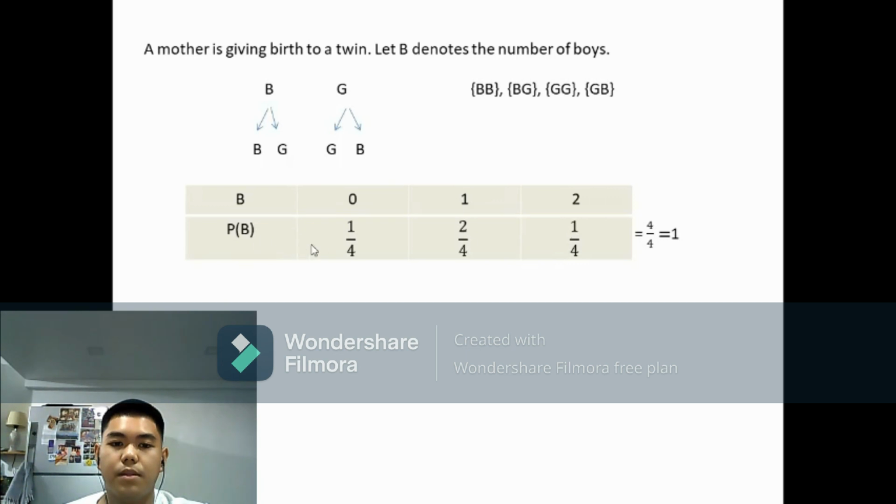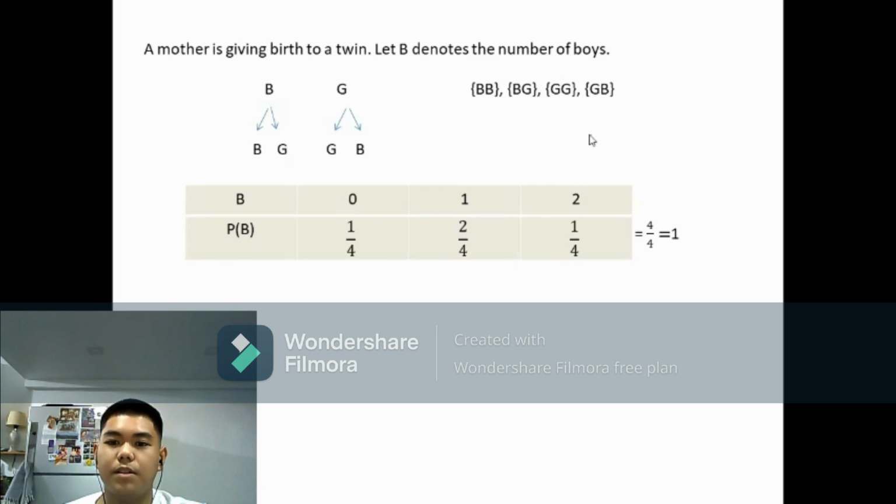And the probability of getting 0 boys is 1 out of 4 since we have only girl girl. And the probability of getting 1 boy is 2 out of 4 since we have boy girl and girl boy.